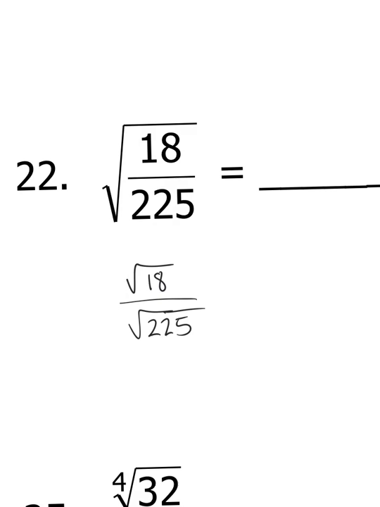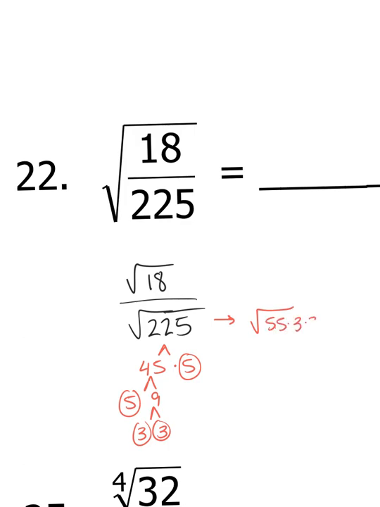Okay, let's break this down. 225 is the same thing as, well, what's 225 divided by 5? 45. So 45 times 5. 45 is the same as 5 times 9. And 9 is the same as 3 times 3. So if I'm just focusing on the bottom here, I could rewrite this as 2 5s and 2 3s.